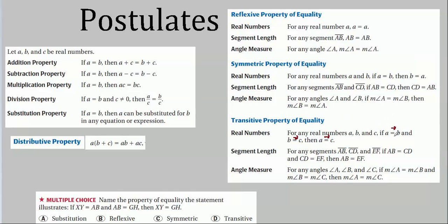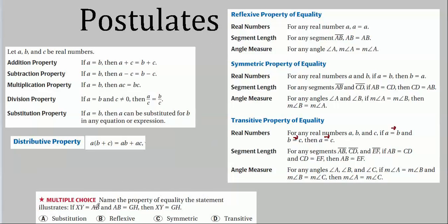And this one's fairly obvious, but maybe less obvious than the other two. So now we have a question down here. Name the property of equality the statement illustrates. And here we must be talking about line segments.